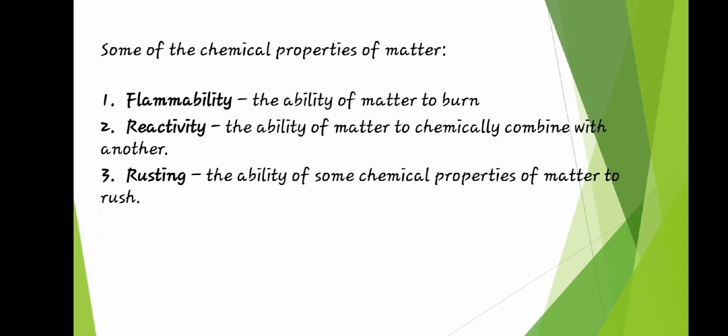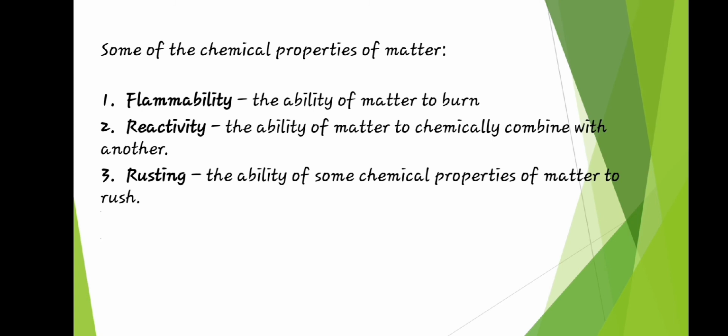Another form of describing chemical properties is reactivity. Reactivity is the ability of matter to chemically combine with another. Let me explain it further. When we say reactivity, it is a measure of how readily a substance undergoes a chemical reaction, on how a certain substance reacts to another substance.